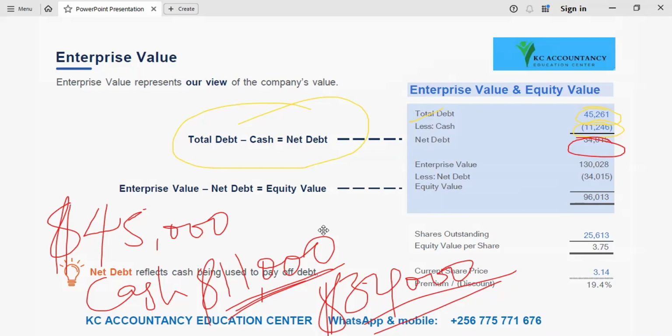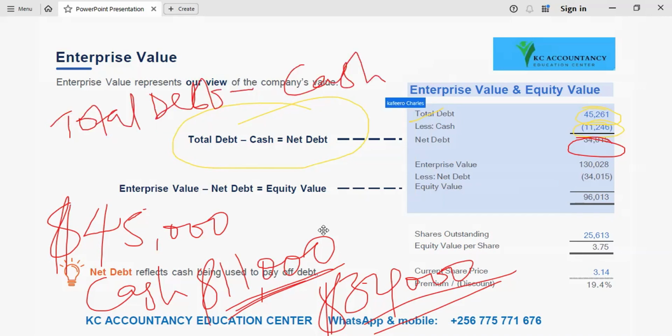In other words, the net debt equals the total debt, all the debts that we have, minus whatever cash we may have, and that will give us what we call the net debt. That's what we are seeing from this point here. So that's how you can think about net debt.